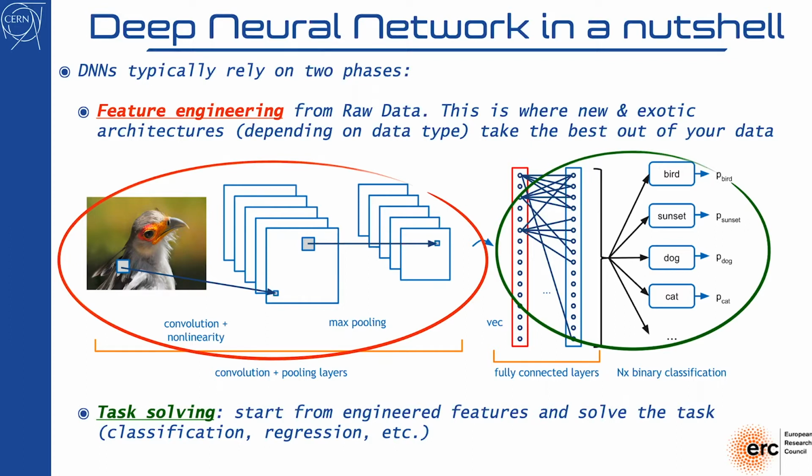One is the feature engineering part, which typically has some architecture designed to fit the data format that comes in. Then the features which are produced, typically in the form of a one-dimensional vector, are given in input to the downstream step, which is the task-solving classic dense neural network. The 2 steps are trained simultaneously.